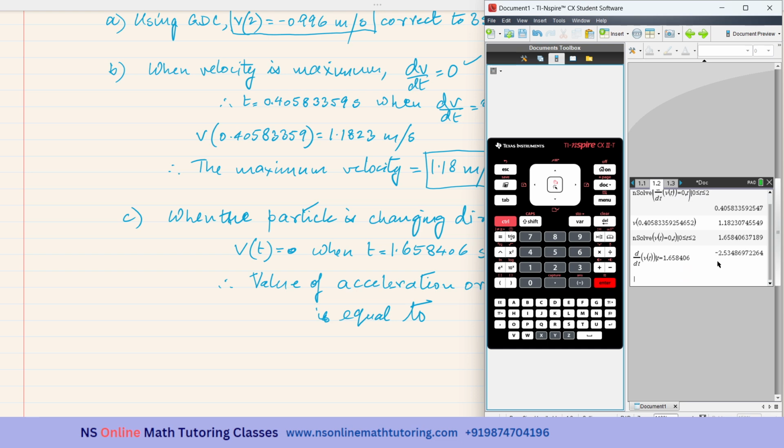Enter. It is negative 2.534867. So negative 2.53. Okay, let me write this first. Negative 2.534867.